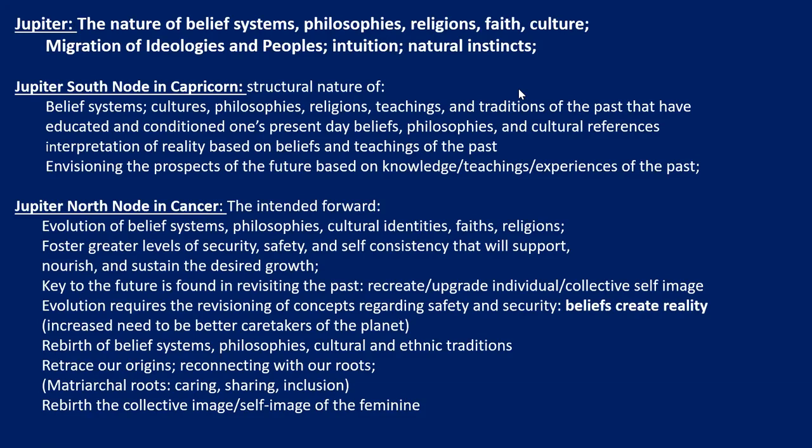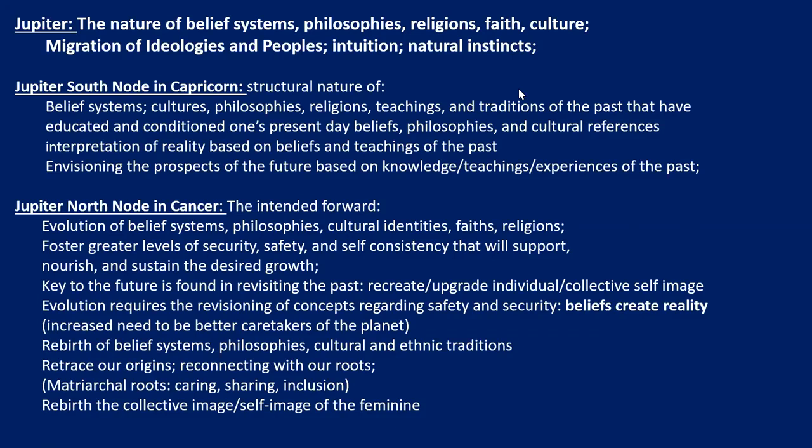Migration of ideas and peoples, intuition, natural instincts, and so forth. Jupiter, metaphysics, cosmology, all of that. And so we have a South Node in Capricorn, and we have the structural nature of the belief systems, cultures, philosophies, religions, teachings, and traditions of the past that have educated and conditioned one's present-day beliefs, philosophies, and cultural references.